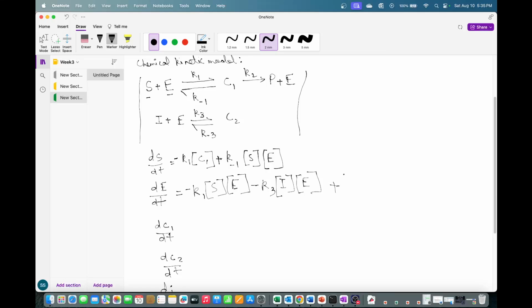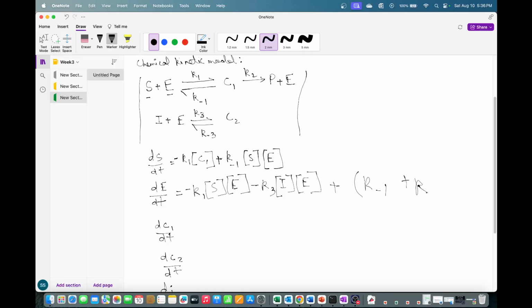Now d/dt of E, the concentration of E, is also dependent on C1, but C1 is getting produced from E and also C1 is getting consumed as well. So E is dependent on C1 with, sorry, positive K minus 1, because K minus 1 is producing E from C1, right? So K minus 1 plus C1 is getting used up here to form E again, so this is also a positive reaction.